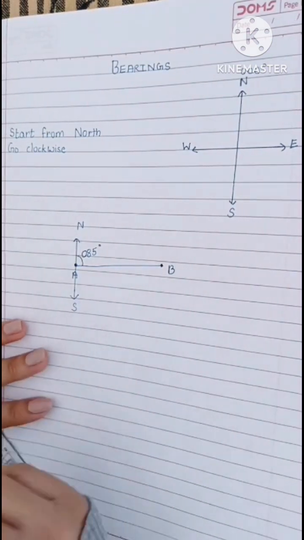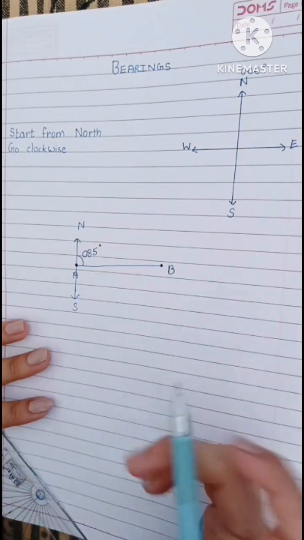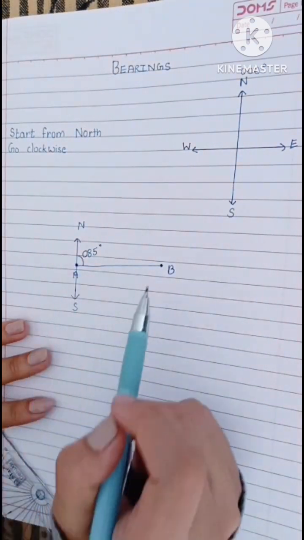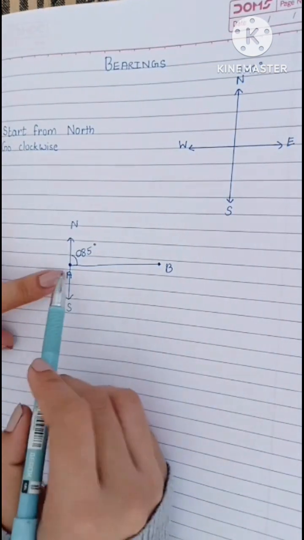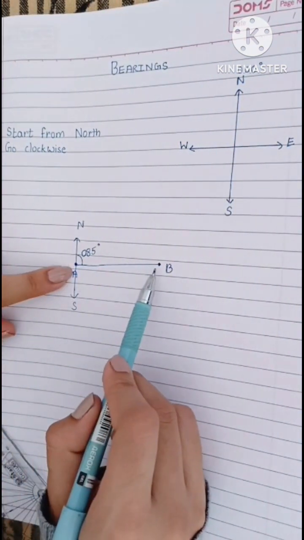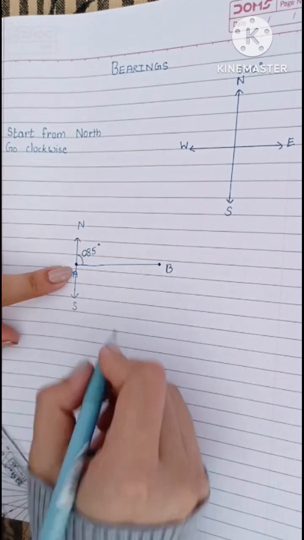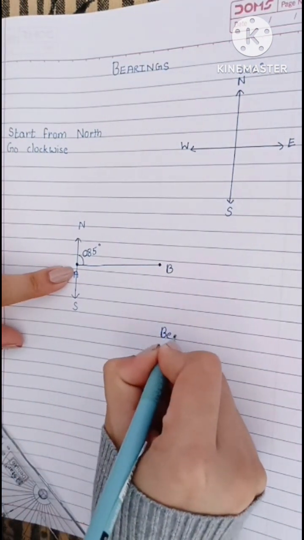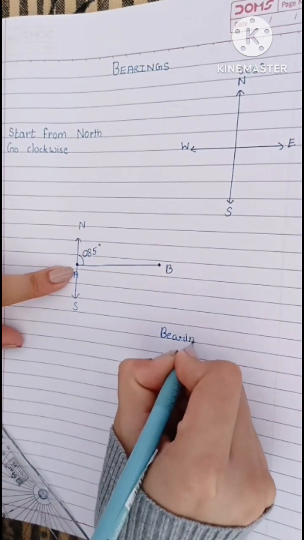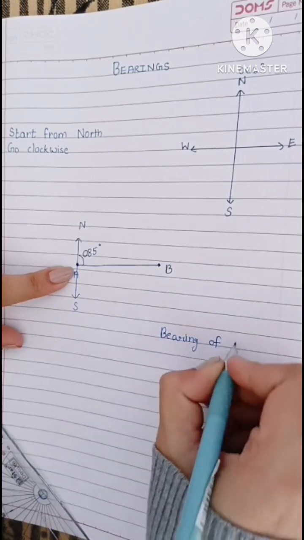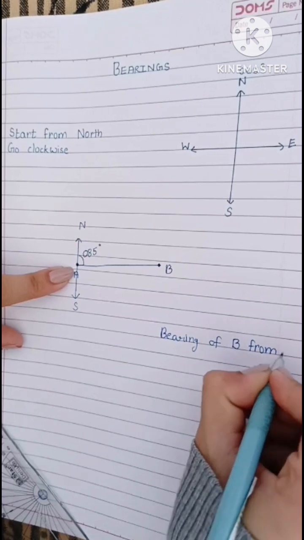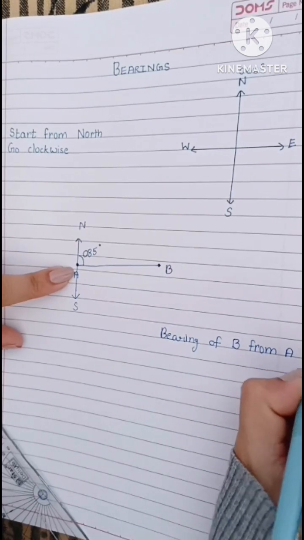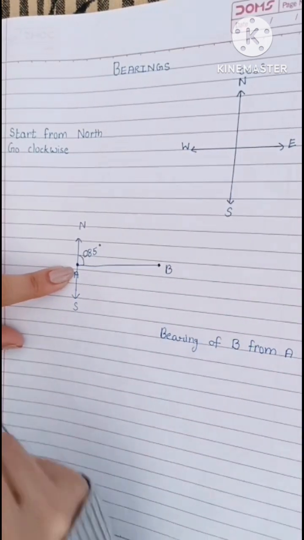Now, if the question asks you to find the bearing of A from B, be careful about these statements. This is the bearing of B from A: the bearing of B from A is 85 degrees.